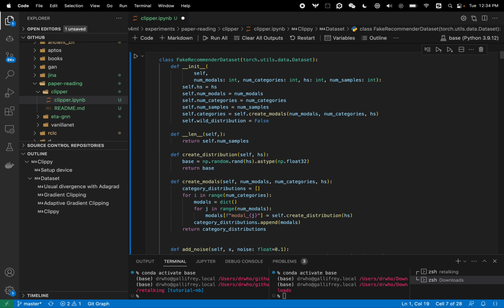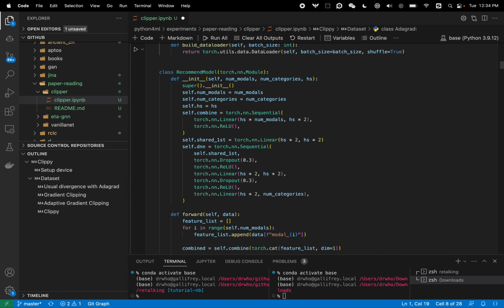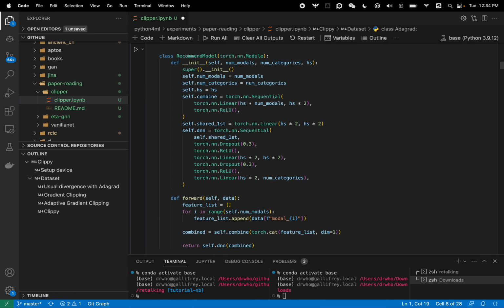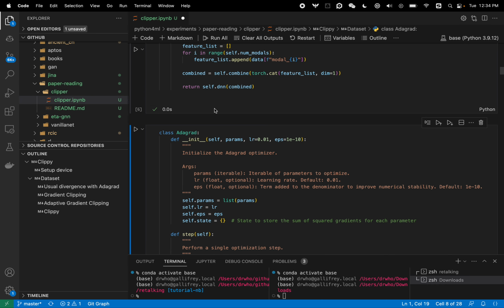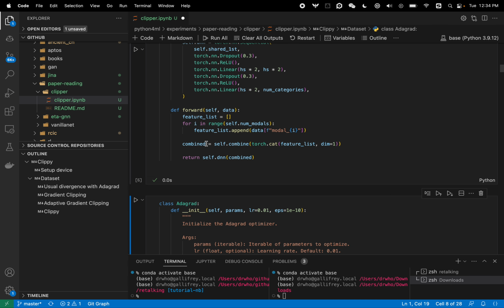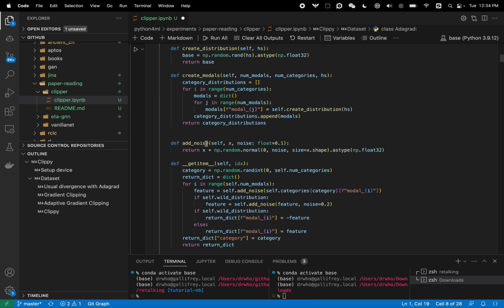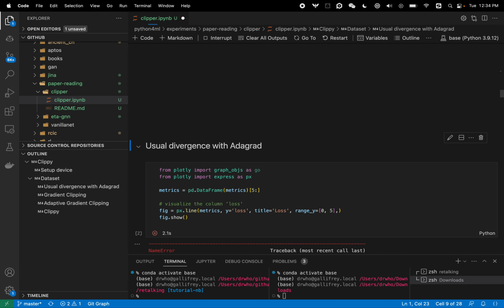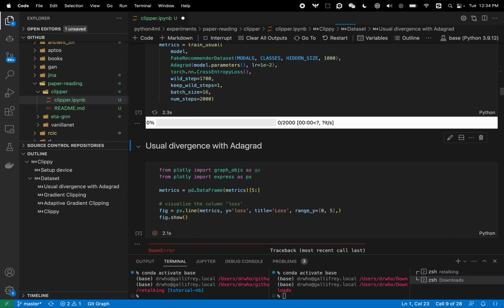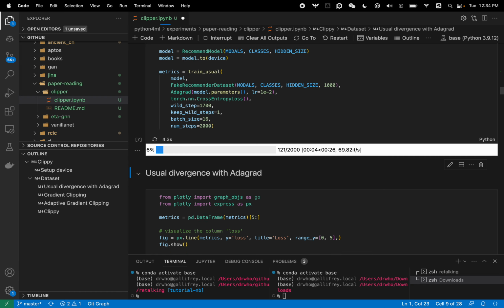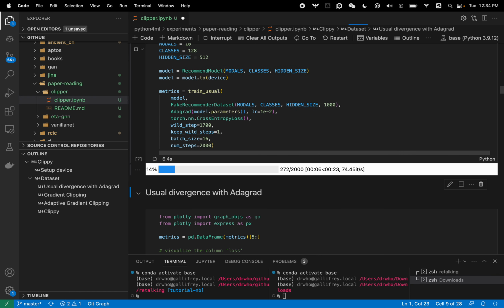I built a pseudo dataset that outputs fixed random features. For every category, the feature is going to be around the same with some sort of noise. I train the model to guess what category it is.